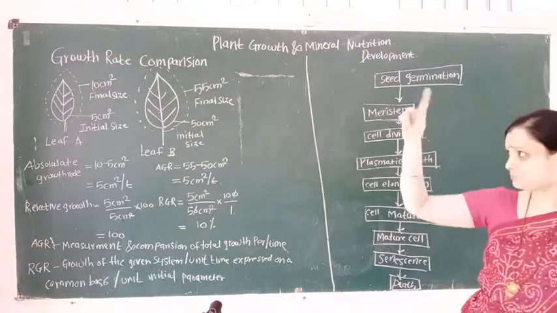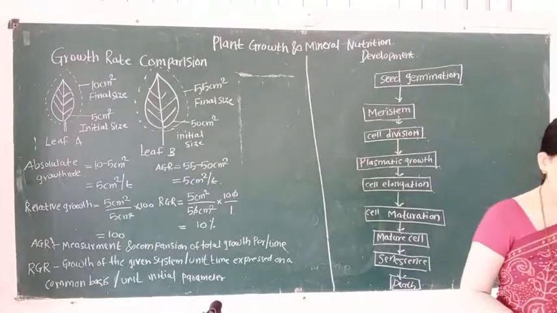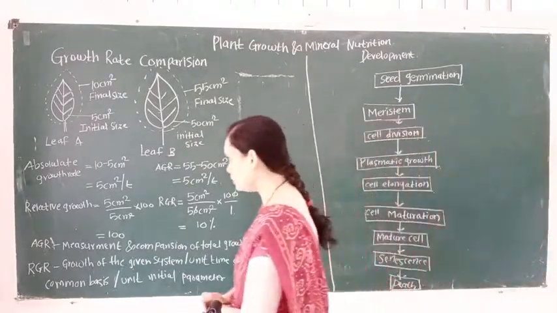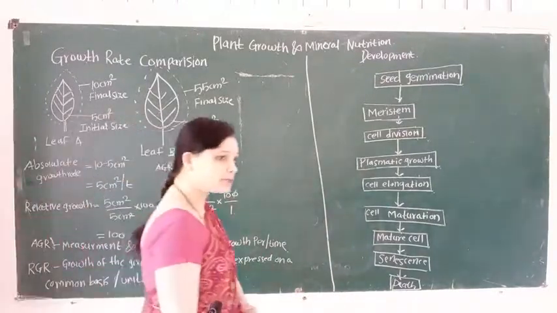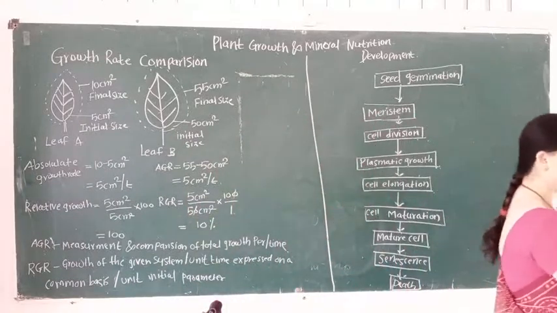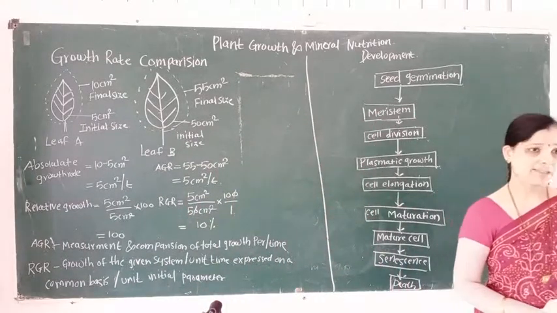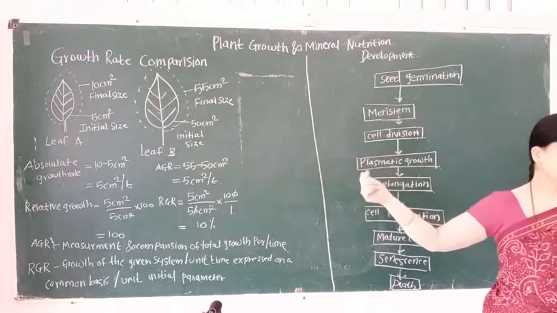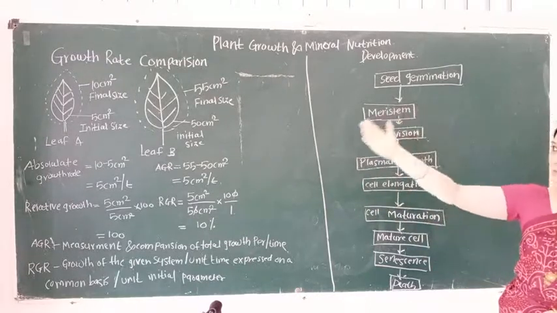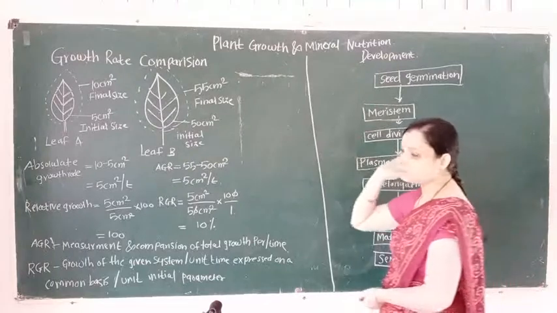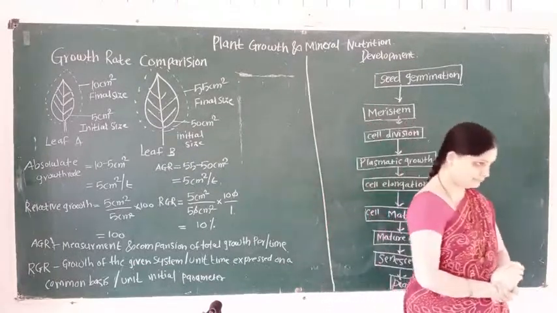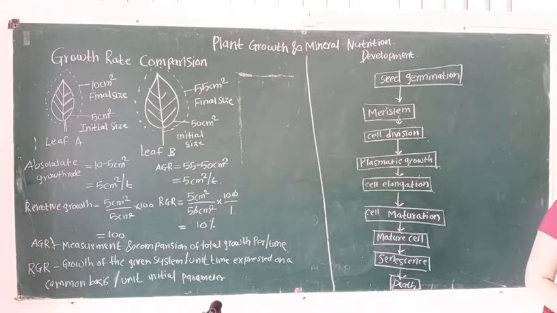Now we compare these two growth rates. Student, observe these two diagrams. In the first diagram, leaf A is denoted and the second diagram denotes leaf B. So here we compare absolute growth rate as well as relative growth rate.